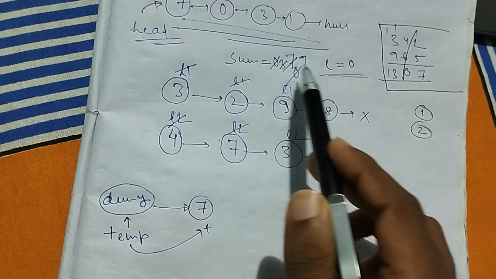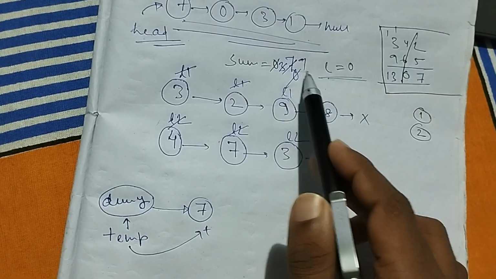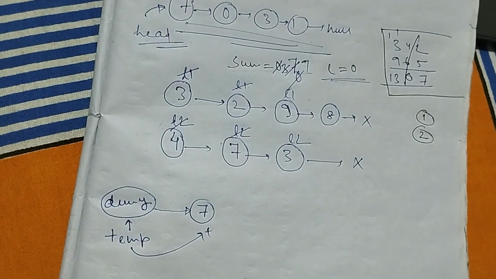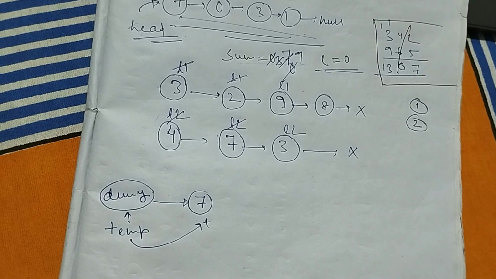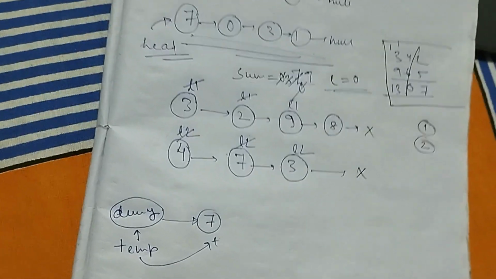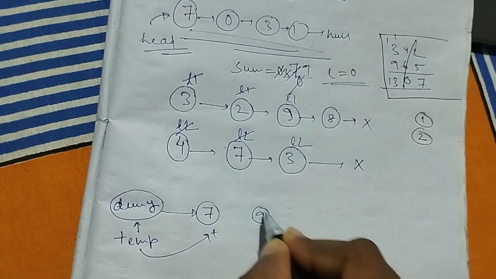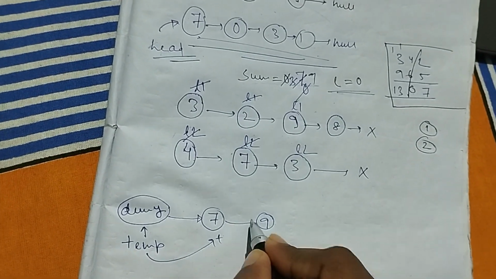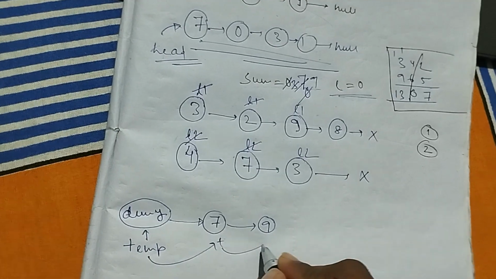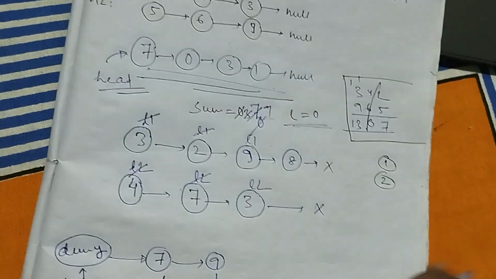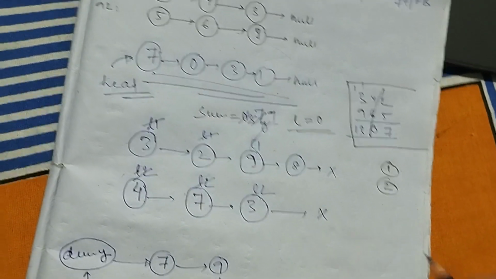Later we are going to see how to do it. Now the sum is 9, and it is legal, meaning we can store 9 at most in a single node. So create a node for 9, temp.next points to 9, and temp comes to 9. As simple as that. Second iteration is finished.